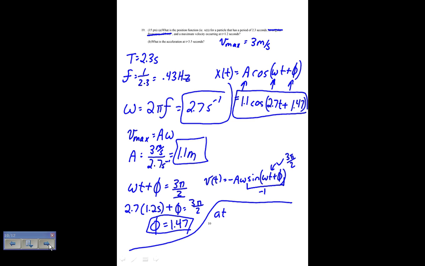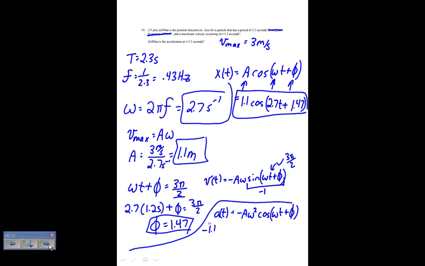And then I also wanted to know what is the acceleration. Well, the acceleration as a function of t is minus A omega squared cosine(omega t plus phi). And I just want to know what is the acceleration at t equal 3.5 seconds. So I just plug in these numbers.